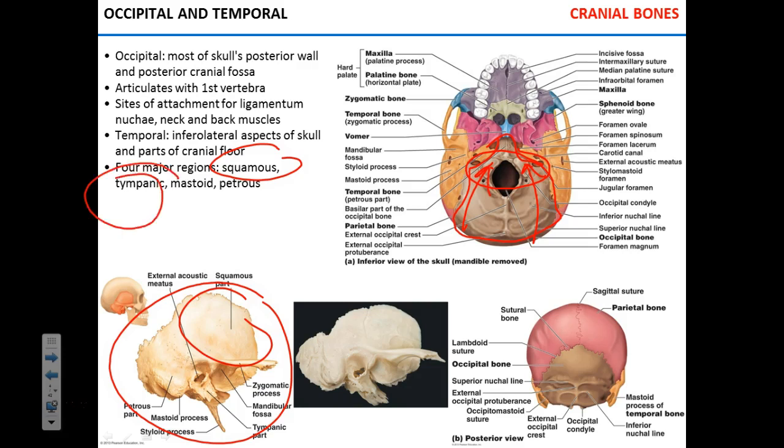The tympanic region is around the external acoustic meatus. It's roughly this one. The mastoid region is this, around this mastoid process on the temporal bone.